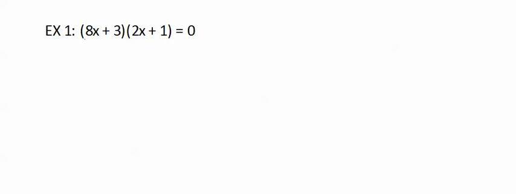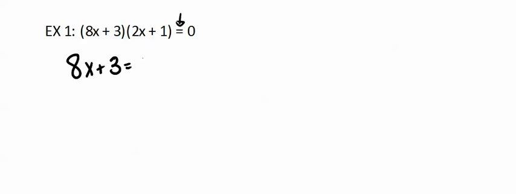If you take a look at this, we have an equation set equal to 0, and between the two parentheses is implied multiplication, meaning that this parenthesis could be 0, and it doesn't matter what this is because the end result would be 0, or vice versa. So what you do is you use the zero product property.